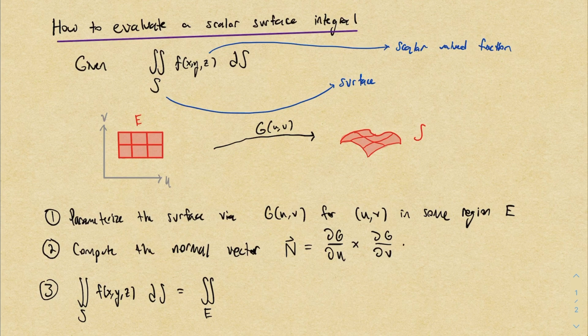Then you transform f by just plugging in your expressions for x, y, and z, and then you multiply by the magnitude of the normal vector. Again, the analog here in the line integral case is multiplying by the norm of r prime. Here we use this normal vector instead. And there you go.